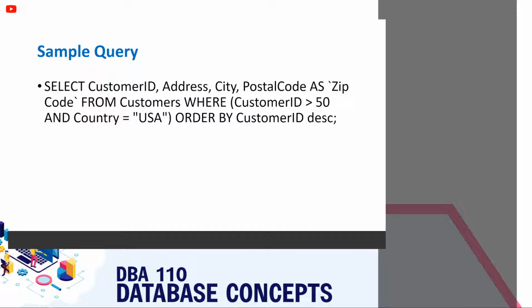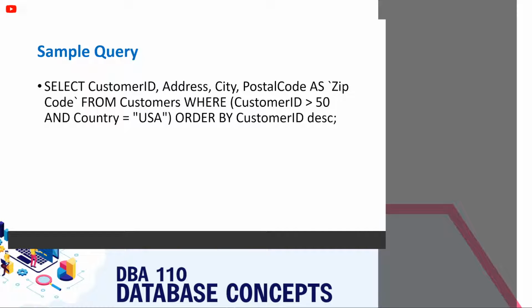So we're pulling back customer ID, address, city, postal code, or zip code, rather, from customers, where customer ID is greater than 50 and country is USA.